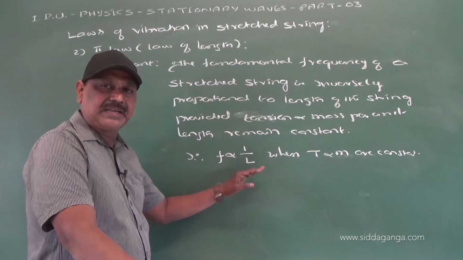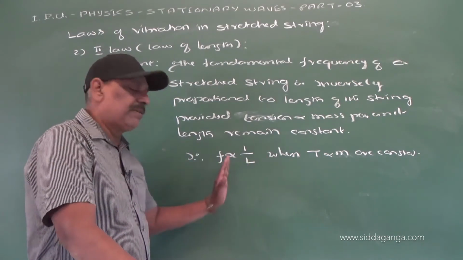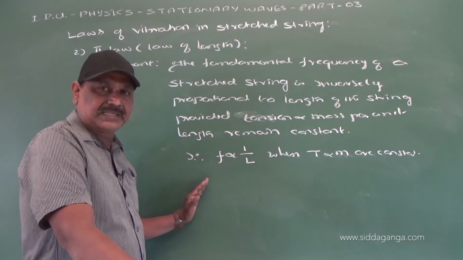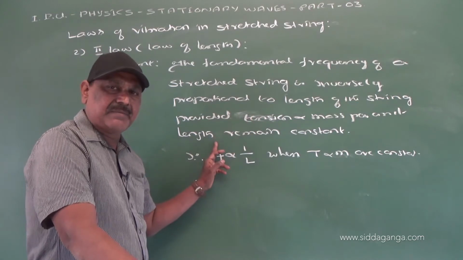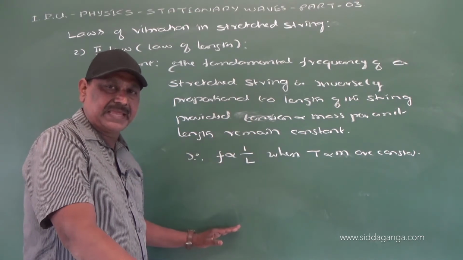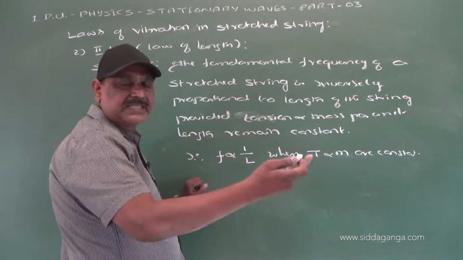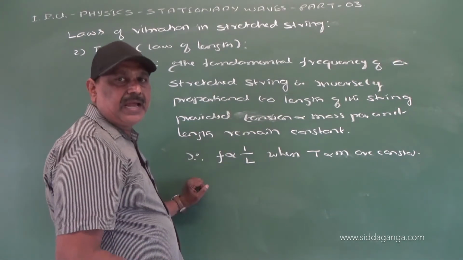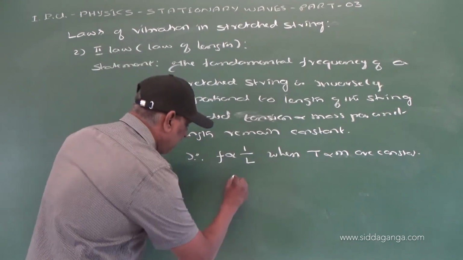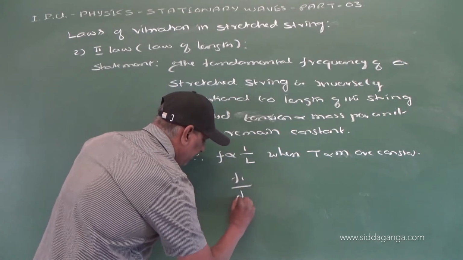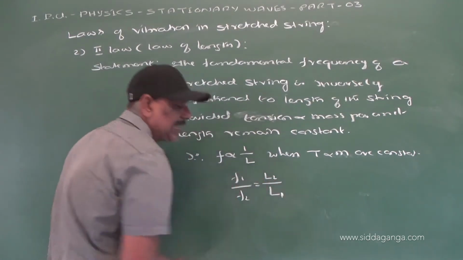varies with its length. So, by increasing the length, fundamental frequency decreases. If the length is increased by n times, then fundamental frequency decreases by n times. That means if F1 is the frequency at length L1 and F2 is the frequency at length L2, then it can be shown that F1 by F2 is equal to L2 by L1.